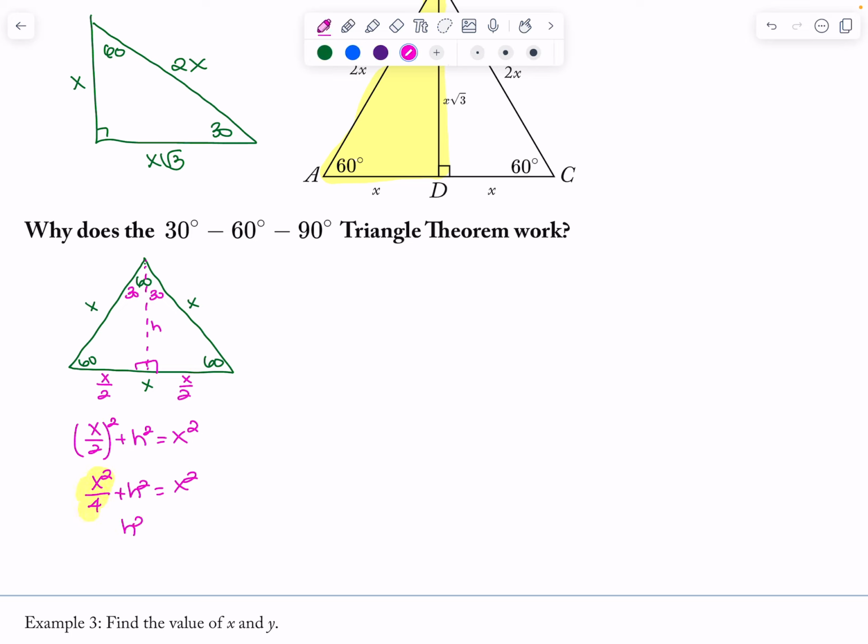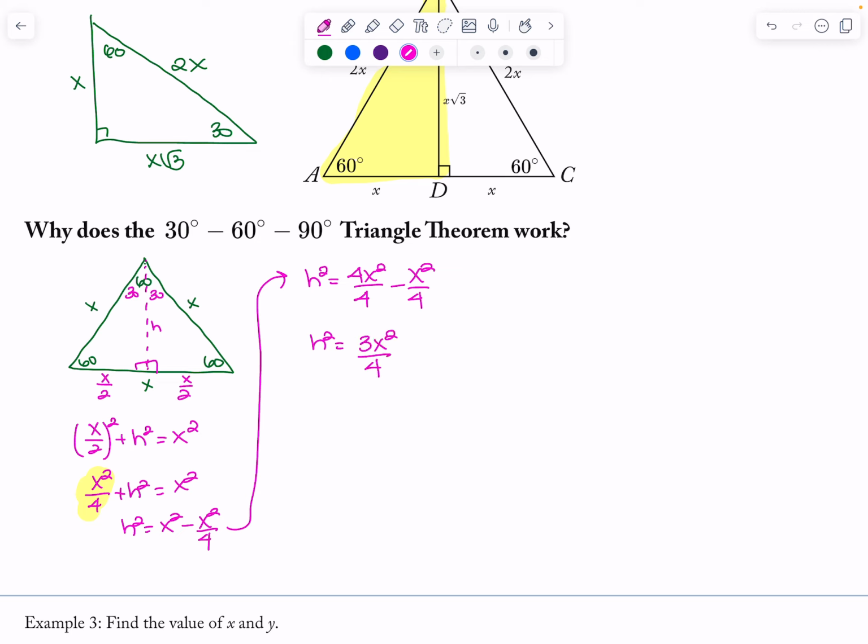So I get h squared is equal to x squared minus x squared over 4. Find a common denominator. So that's 4x squared over 4 minus x squared over 4, which gives me 3x squared over 4.